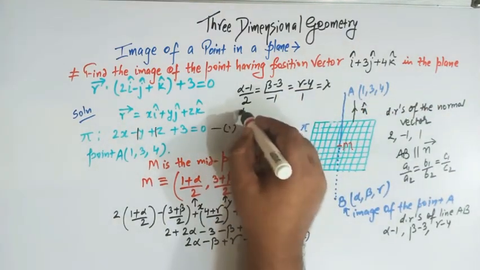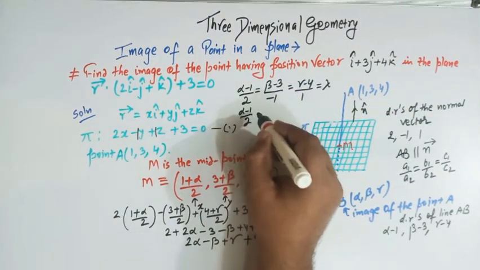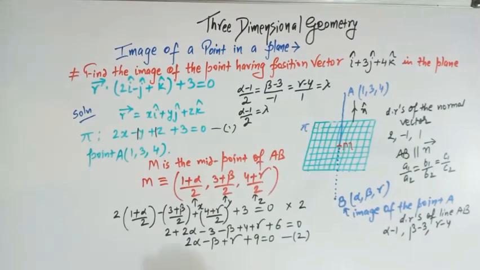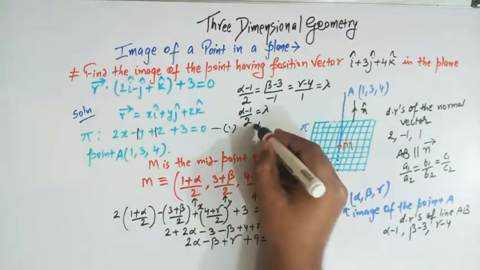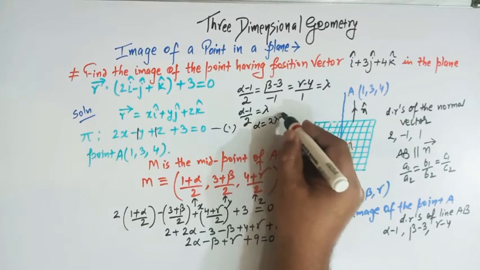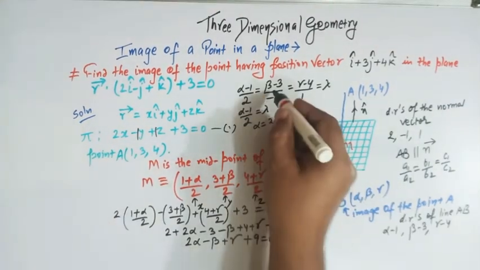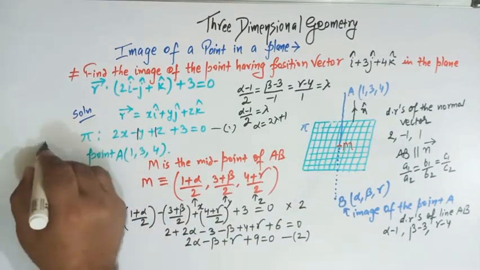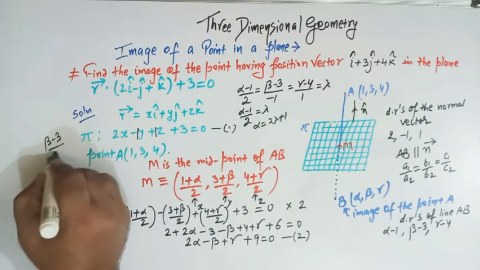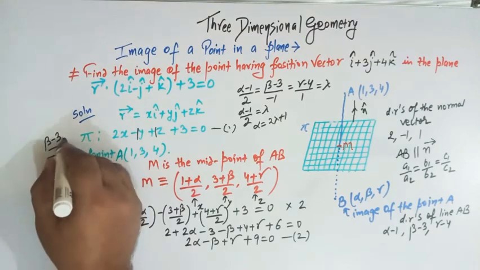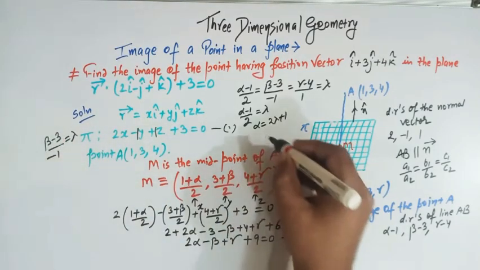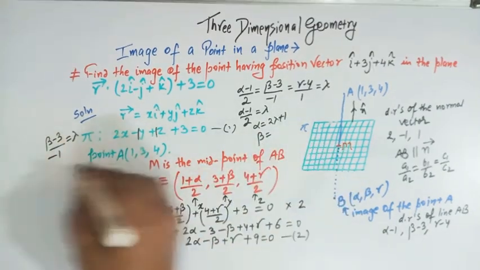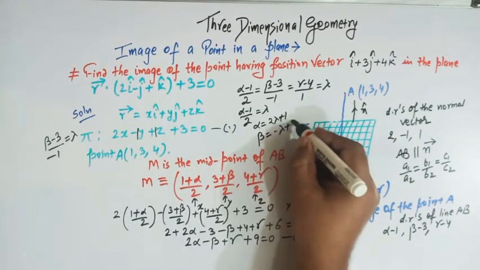Now taking (alpha minus 1)/2 equal to lambda, we have alpha equal to 2 lambda plus 1. Taking (beta minus 3)/(minus 1) equal to lambda, we have beta equal to minus lambda plus 3.